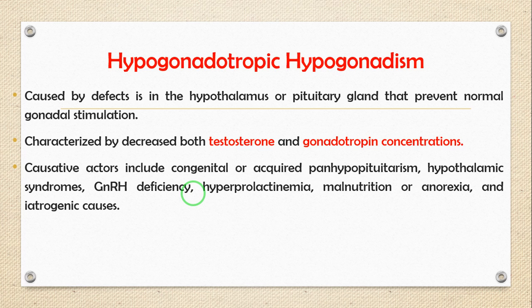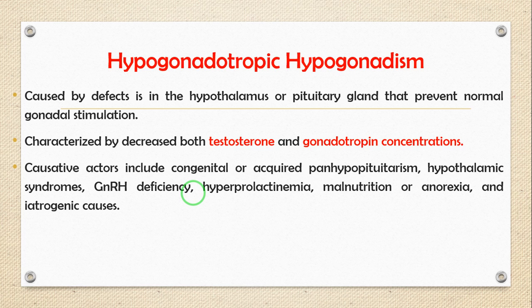Hypogonadotropic hypogonadism means that the defect occurs at a higher center, in the pituitary gland or the hypothalamus. For example, there is radiation to the pituitary gland, or surgical removal, or a tumor that destroys the pituitary gland, so there's no production of the gonadotropins, FSH and LH, which are required for the normal production of testosterone by the Leydig cells of the testis.